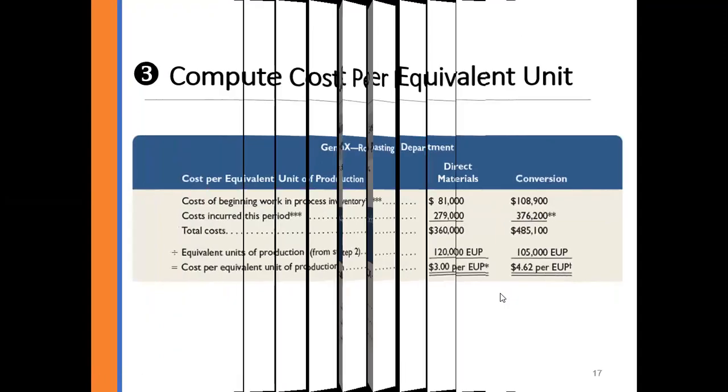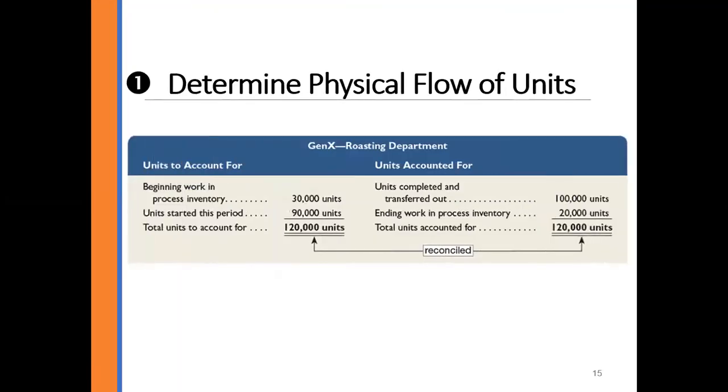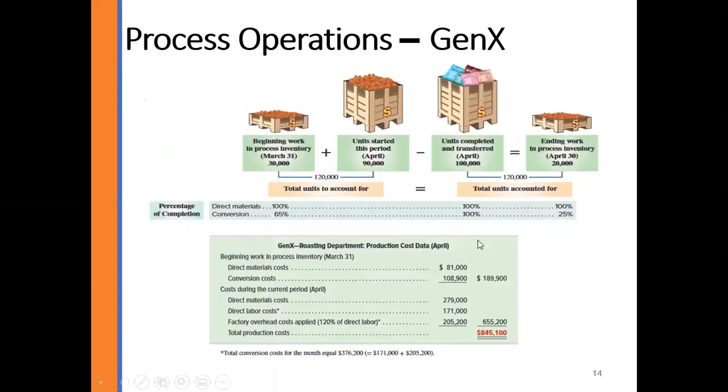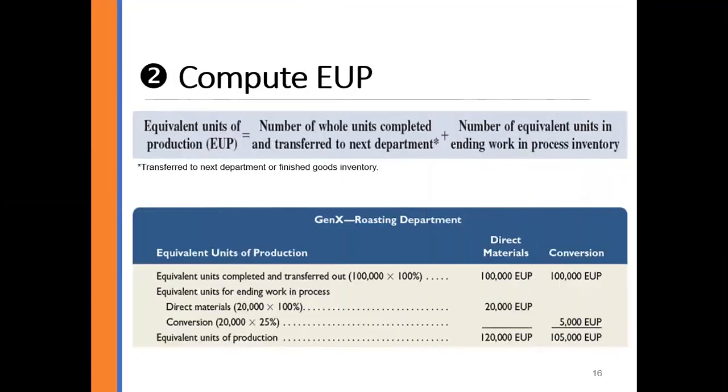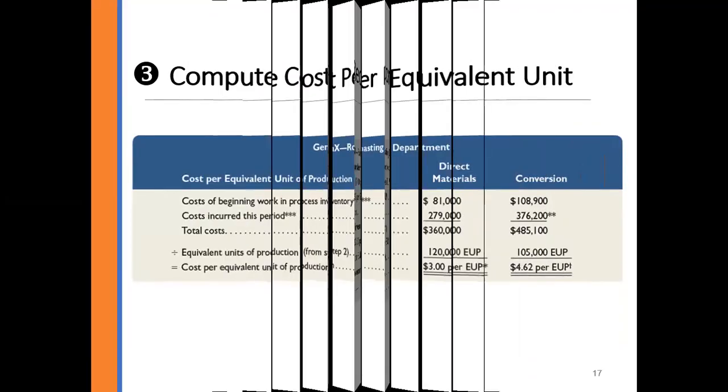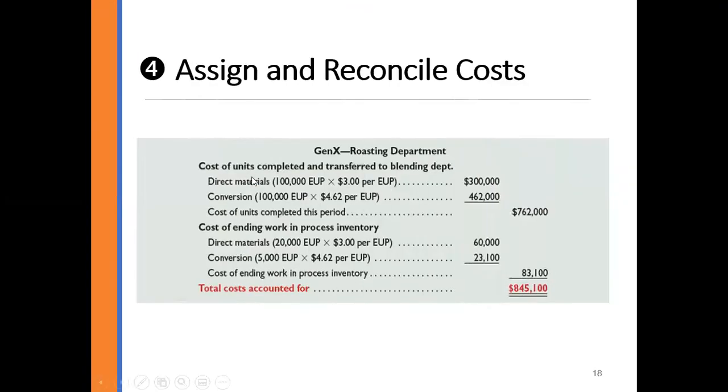Remember, that's what we had as our cost at the beginning of the information, the production cost data. So we looked at our total production costs, and then we reconciled and accounted for those costs based on the units completed and transferred out, and then our ending work in process inventory.